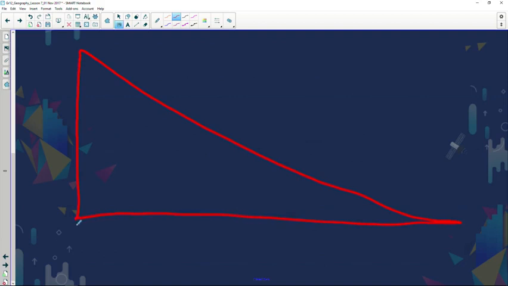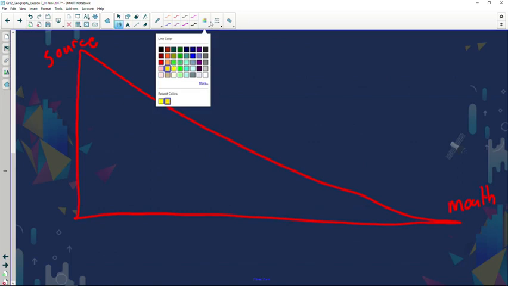A river can be divided into three courses. You already discussed that a river originates from the source and ends up where it flows into the ocean, at the mouth.